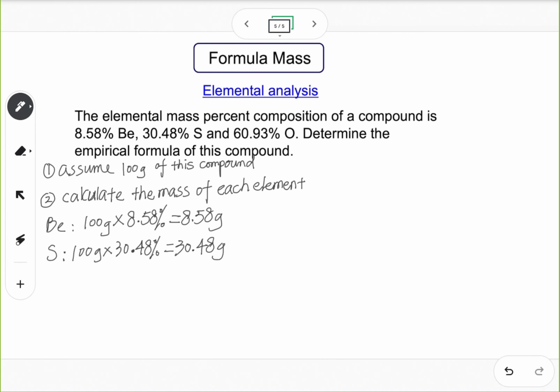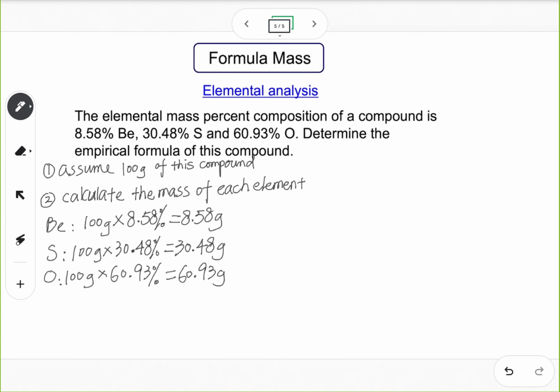For oxygen, 100 grams times 60.93%, that equals 60.93 grams. Okay, now what's next?